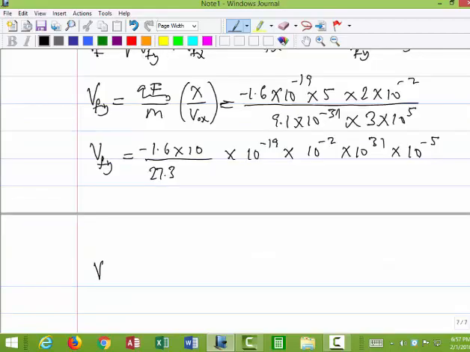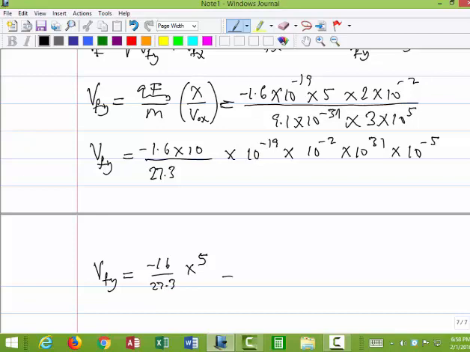So V final y can be written as negative 16 over 27.3, and then 10 to the negative 21, negative 26, and 10 to the power 31. So 21, that's 26. 31, that's 5. So 10 to the power 5.